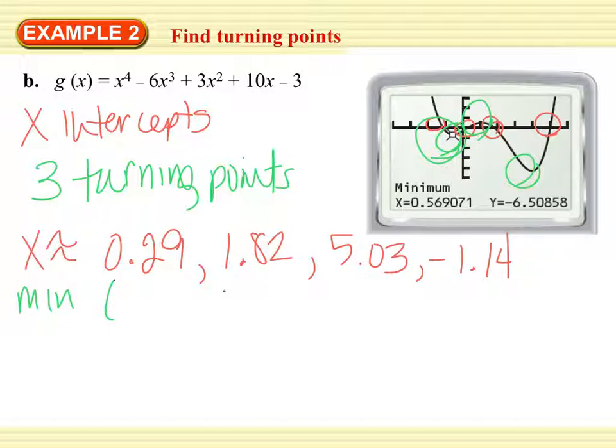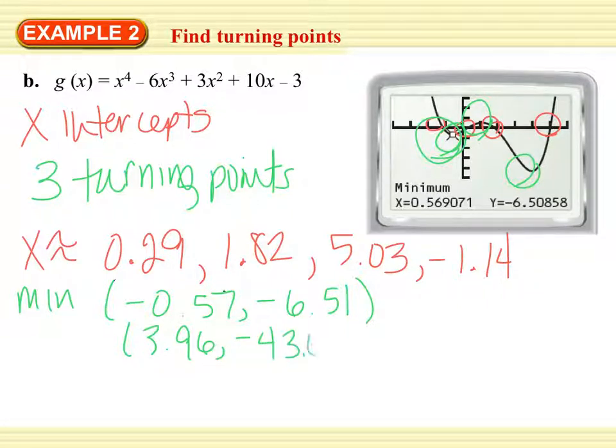So we have our minimum at negative 0.57 and negative 6.51. 3.96 and 43.04. That minimum is going to be hard to see on that calculator though. Okay, you really have to work on your window. And then our local maximum is 1.11, 5.11. Cool? All right, moving on.